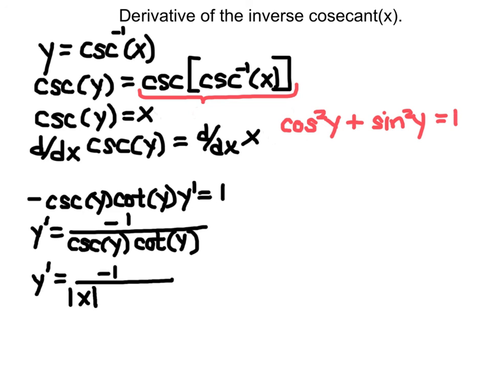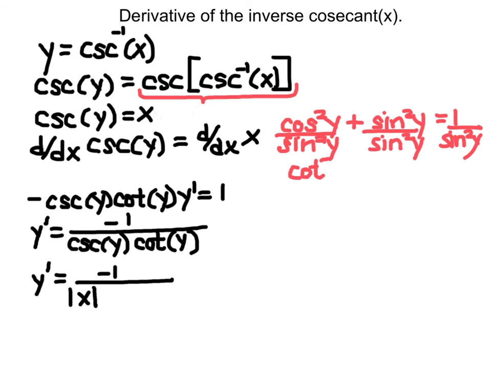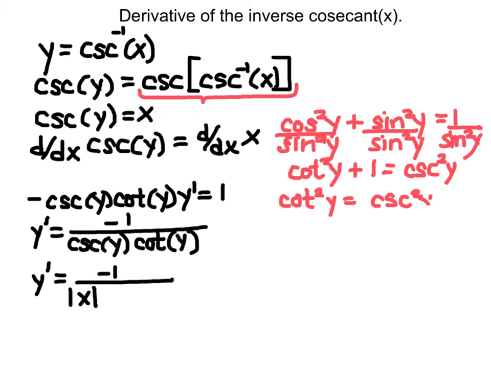And since we're looking for the cotangent, which is cosine over sine, we're going to divide both the right and the left-hand side of this equation by sine squared y. And by doing that, our first term on the left is the cotangent squared of y, and that's plus 1, is equal to the cosecant squared y, which means that the cotangent squared y is equal to the cosecant squared y minus 1.